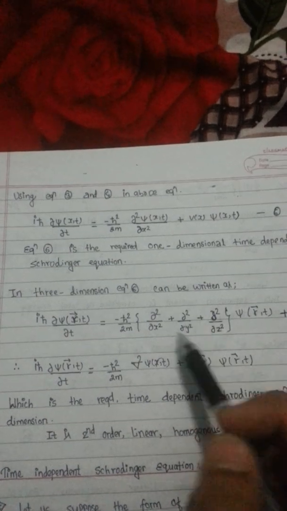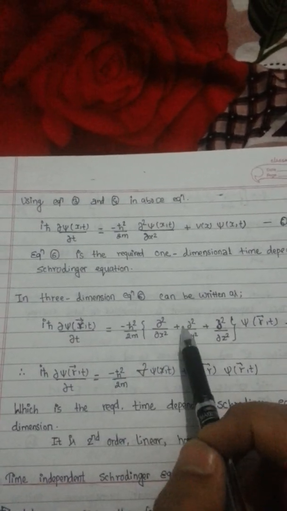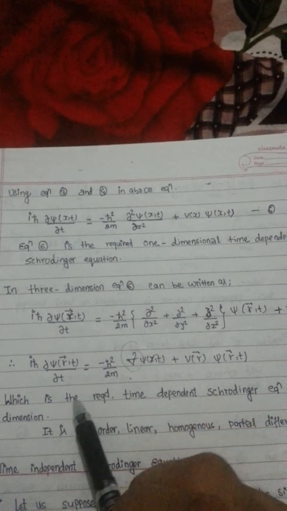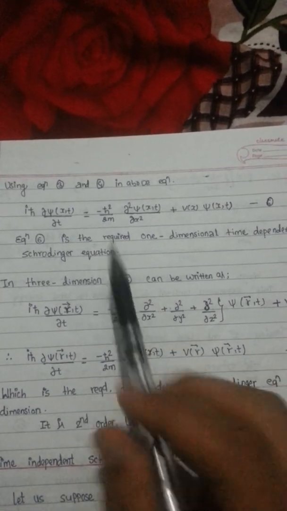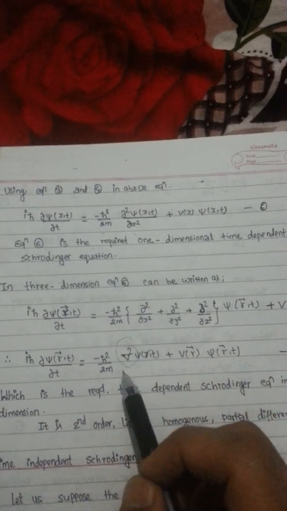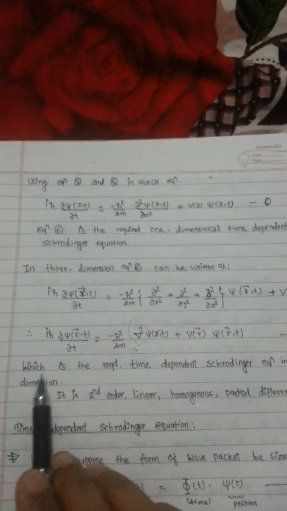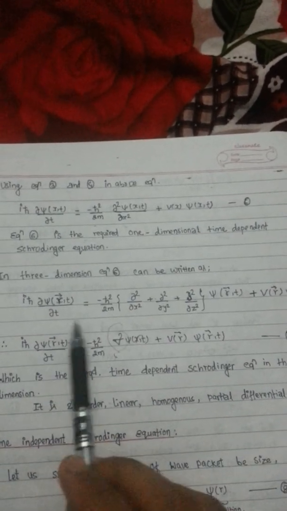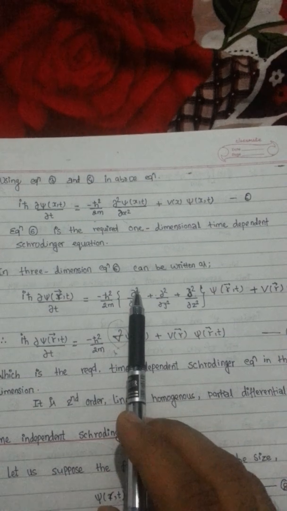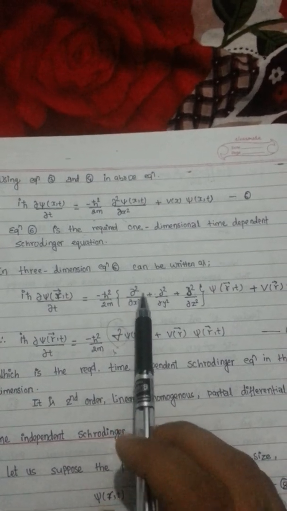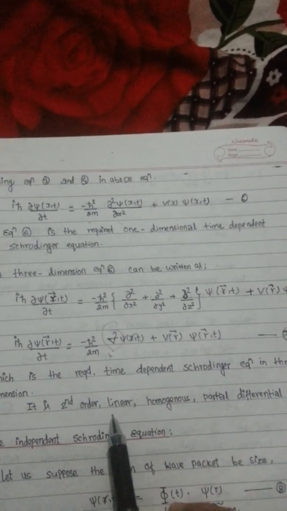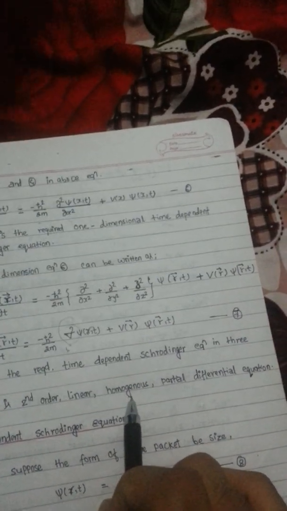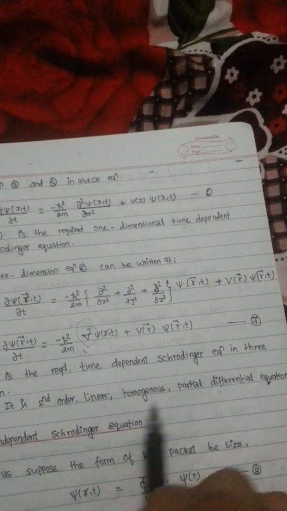We get the three-dimensional form, and this is represented as del square. Del square is the Laplacian operator, in the Cartesian coordinate system; it is just the operator. This is the required time dependent Schrodinger equation in three dimensions. And we discuss here that it is a second order differential equation, because it is of order 2, a linear equation, a homogeneous equation, and a partial differential equation.